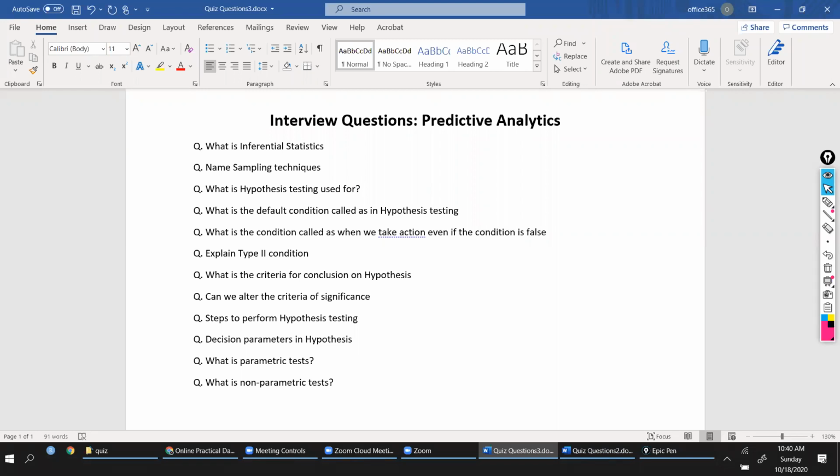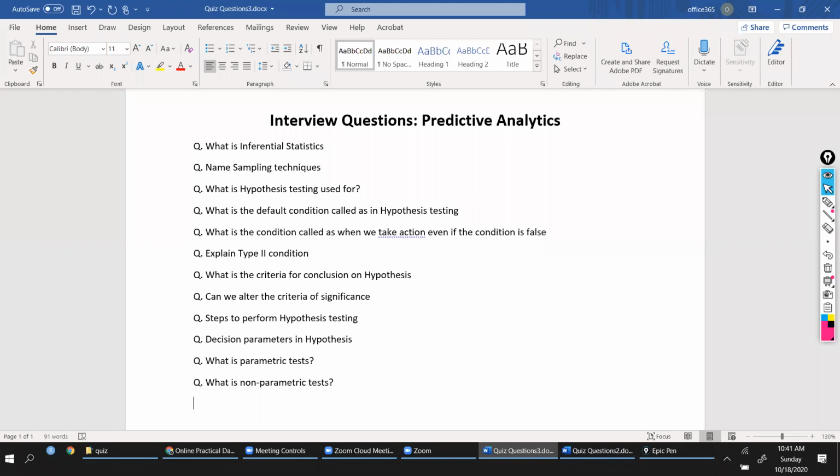Okay. So parametric test assumes that the data follows normal conditions.